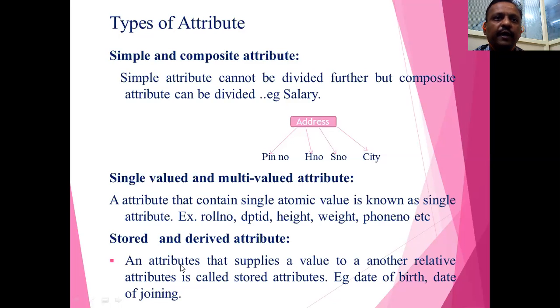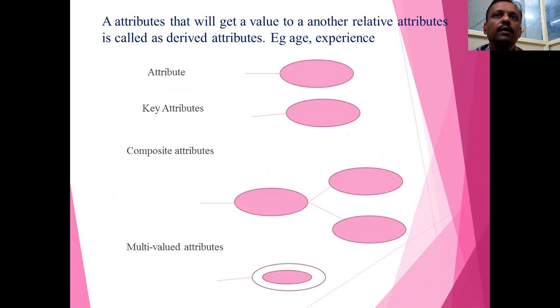What is a derived attribute? An attribute whose value is derived from other related attributes is called a derived attribute. Example: date of birth, date of joining, etc. So these are some different symbols for the attributes.